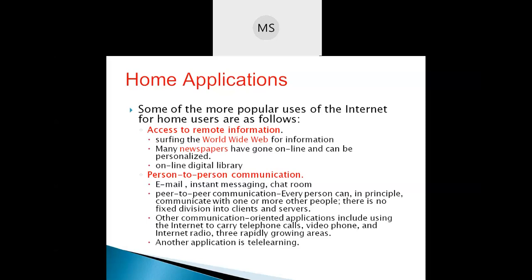From home we use computer applications to surf the internet, read online newspapers, or see online digital libraries, and along with that we can also use person-to-person communication, like sending emails, receiving messages, entering chat rooms to communicate with other people of the same mind, and even using telephone calls and video phones. There are different areas where we can use the internet by sitting at home itself.